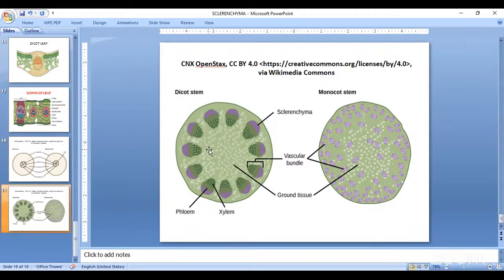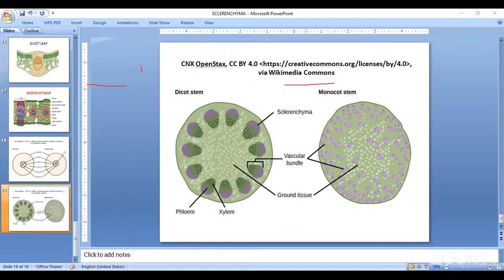So this is dicot stem and monocot stem. First, dicot stem. Like the root, it is also the same. Epidermis is actually not given here, and because there are no differences from the root, it is almost similar.